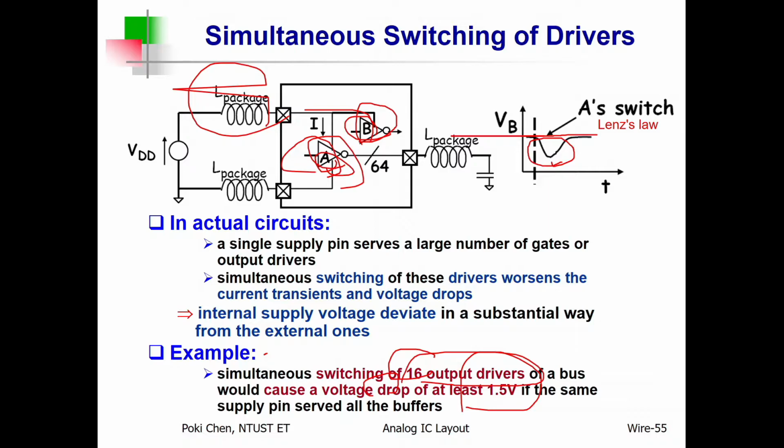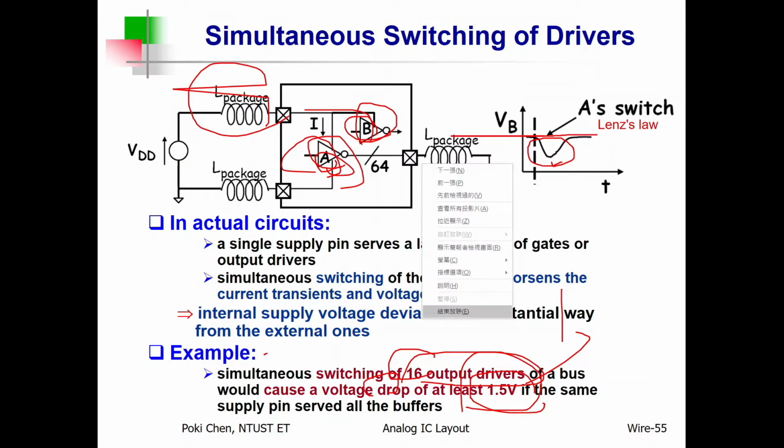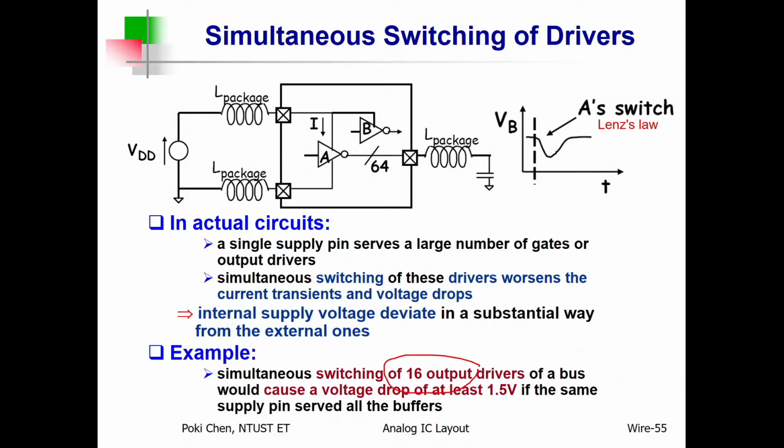Wow! How can 1 volt VDD tolerate such a 1.5 volt huge voltage drop? It doesn't make any sense, right? So you need to prevent such a bad situation from happening. It means never connect 16 output drivers to the same supply voltage.